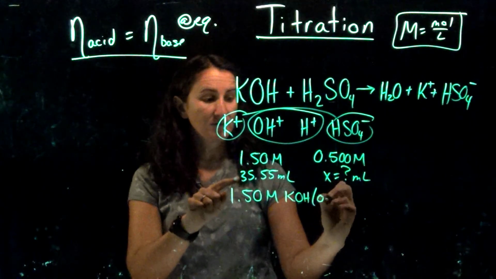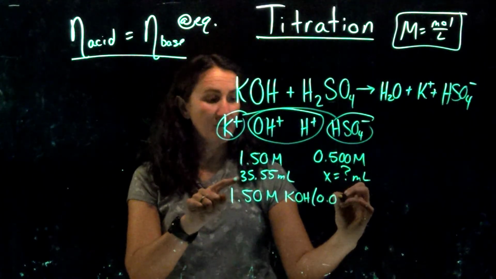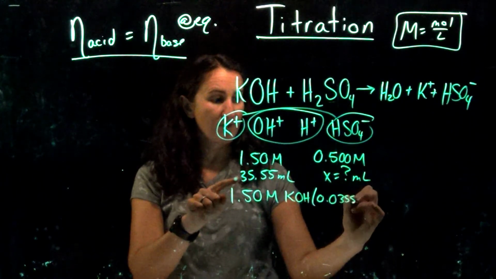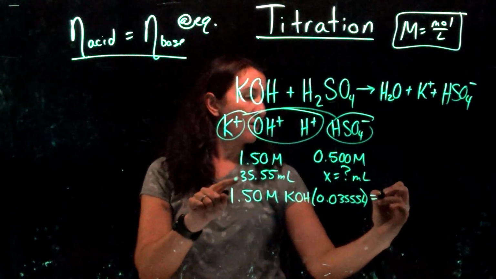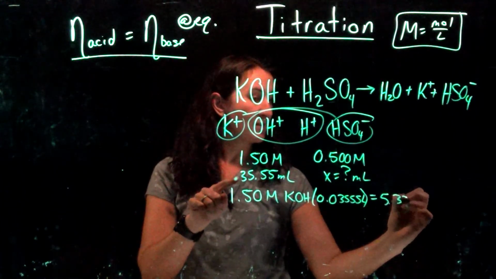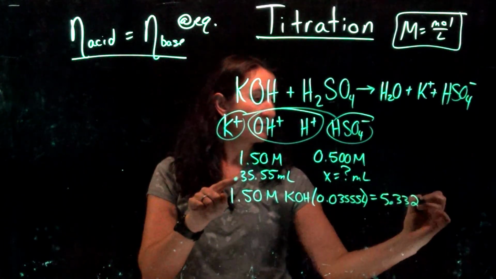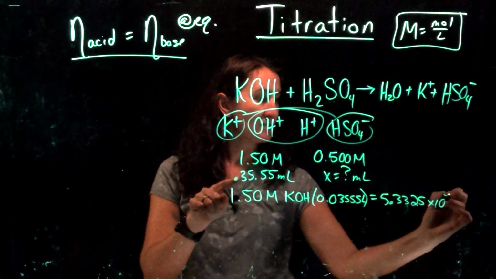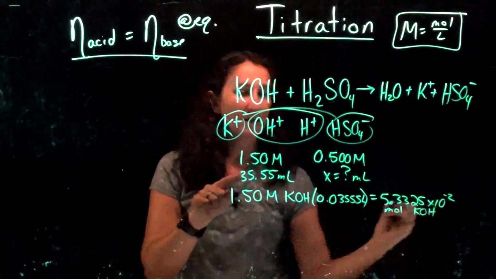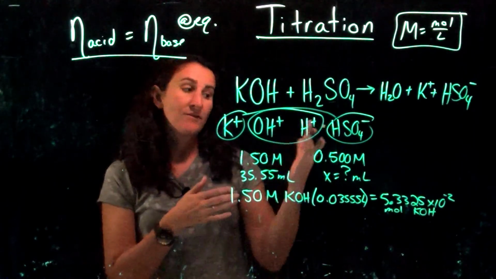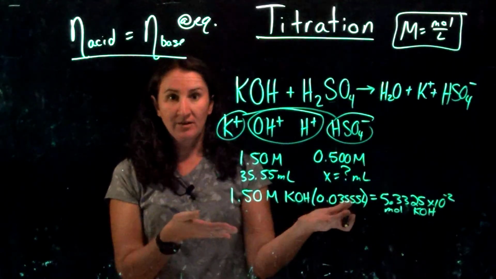So we've got, turning it into liters, 0.03555 liters equals our moles, which is 5.3325 times 10 to the negative 2 moles of potassium hydroxide. So we solve for moles using molarity and volume.